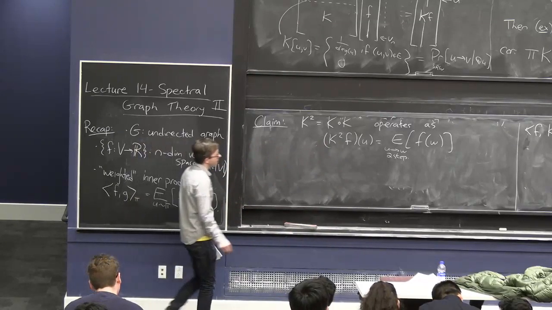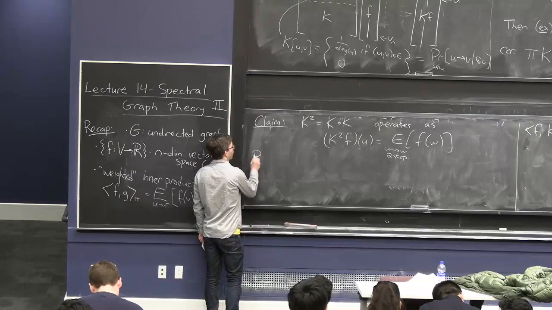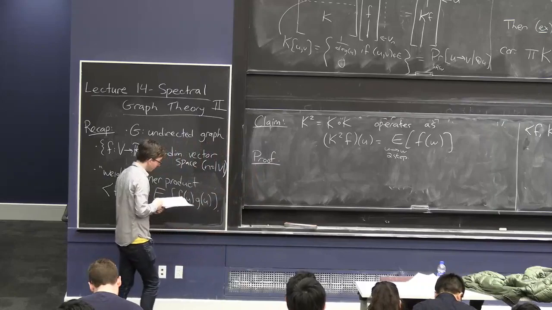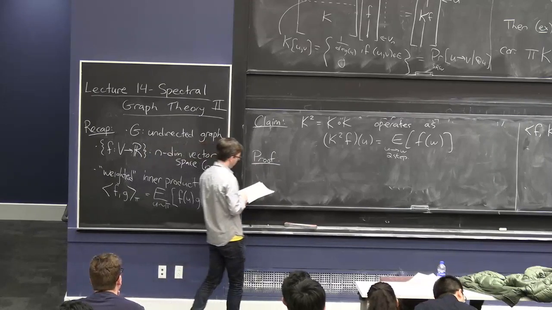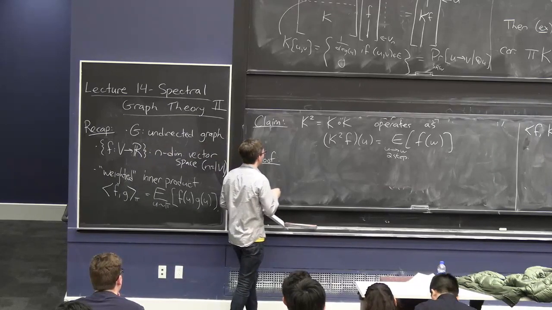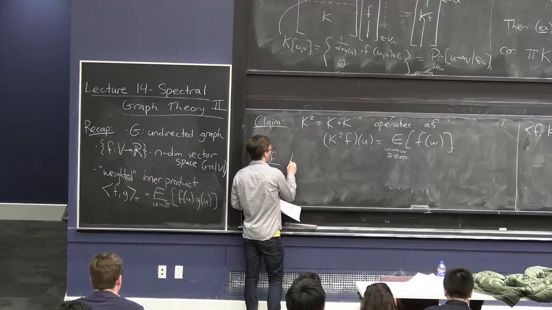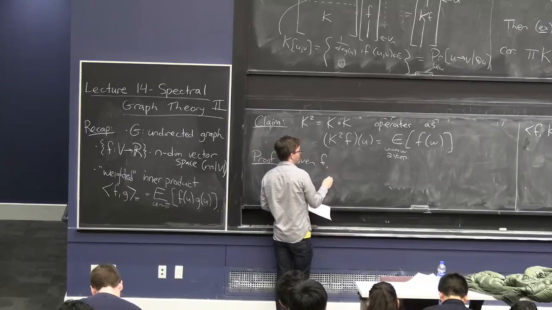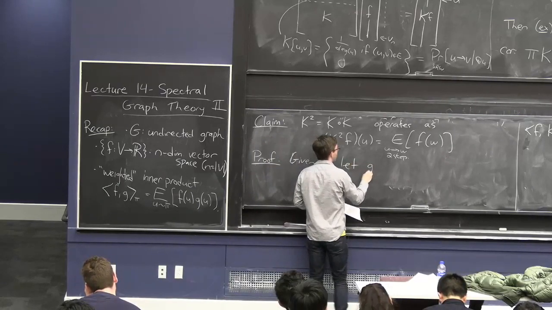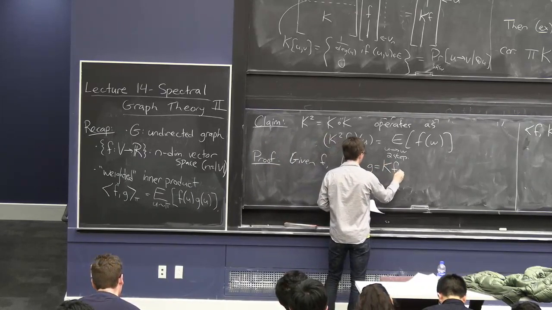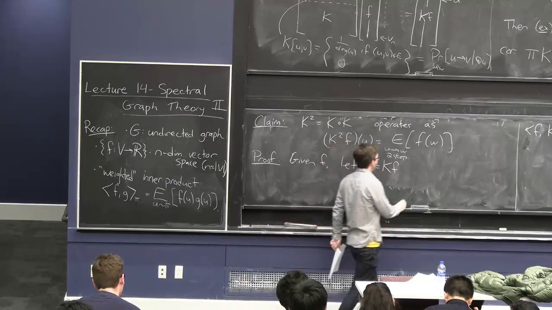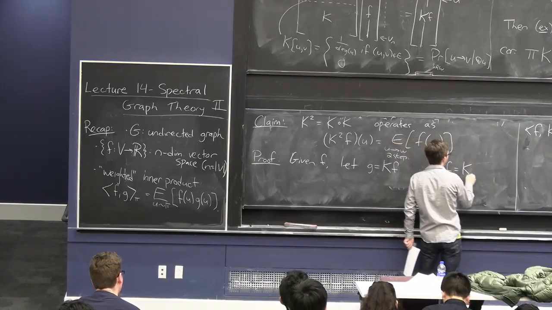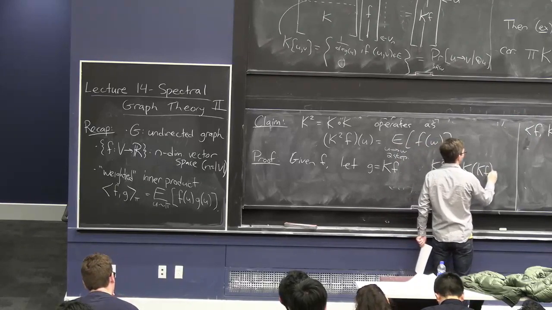And again, hopefully it seems believable, but just to get used to all of this notation, I'll do a proof. Okay, so given f, just so we don't have too many symbols, let's let g denote kf. And therefore, k squared f is k applied to kf, which is kg.